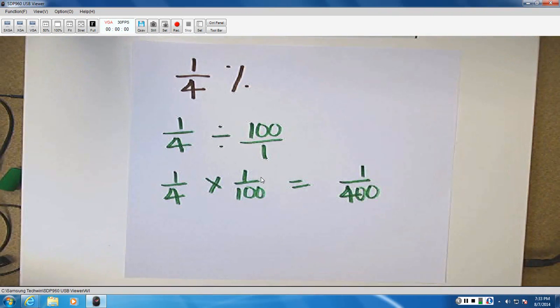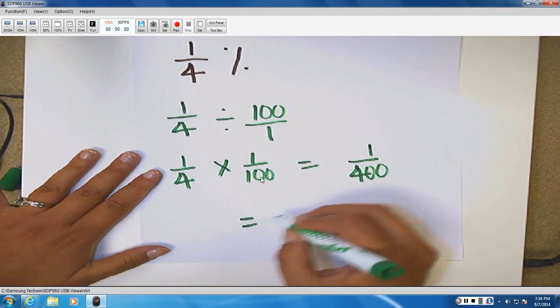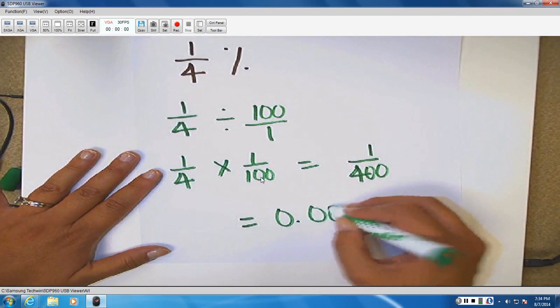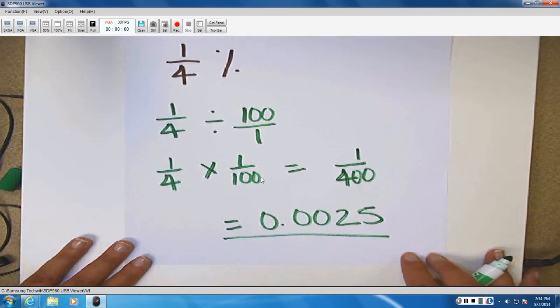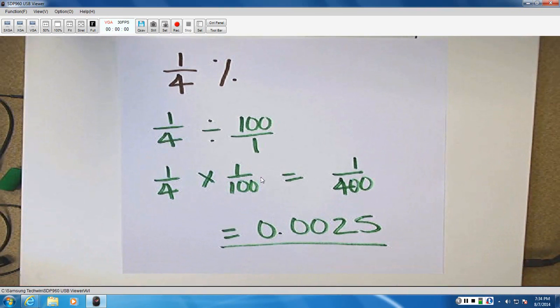So then I'm going to divide 400 into 1. So 1 divided by 400 is 0.0025. And that is your final answer. That is 1/4% turned into a decimal.